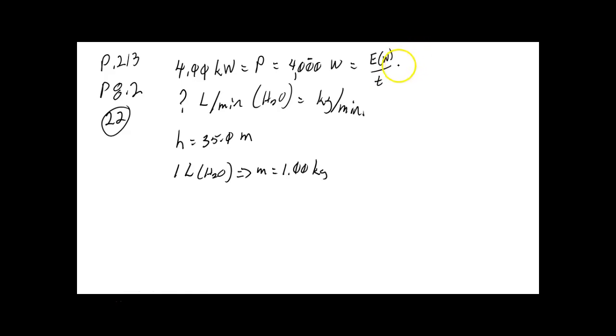Now, what do we measure either work or energy in? Joules. Joules per second. That's your time measurement, and we have to change that to minutes at some point, but we can get there later. Now, what is work or energy?